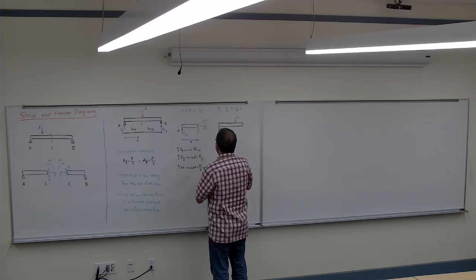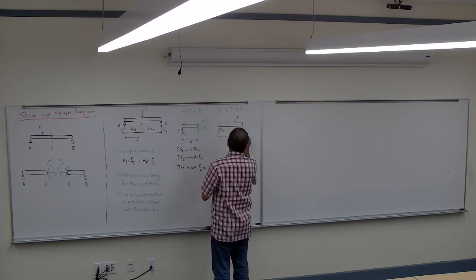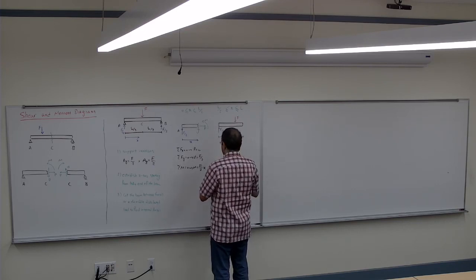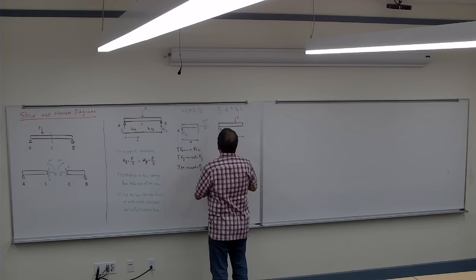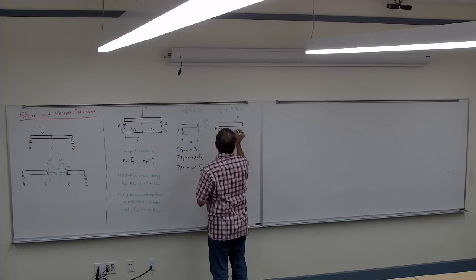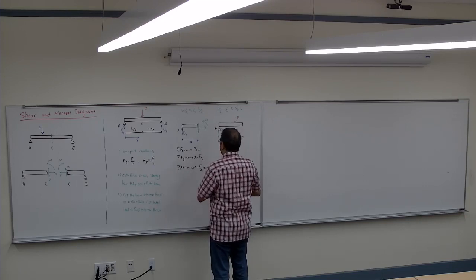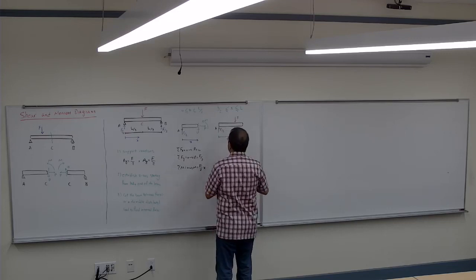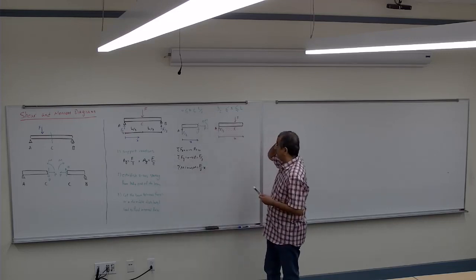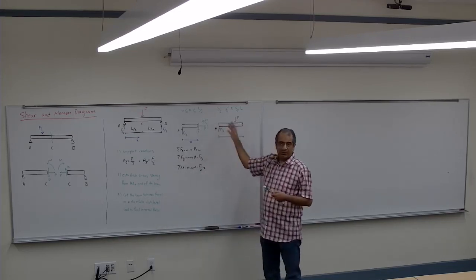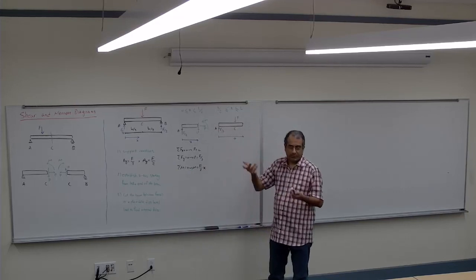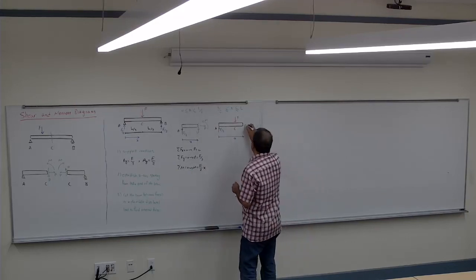The x would be from the beginning to where I cut it. So that's point A, that's C, and that's where we cut it, and then we have those forces. I put the P for this one, but for the rest of the example I'm not going to put the P, since we are not going to calculate it anyway.